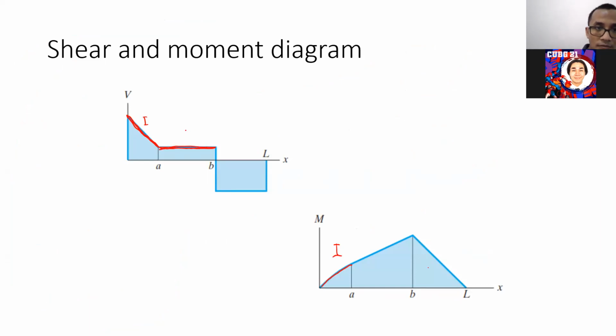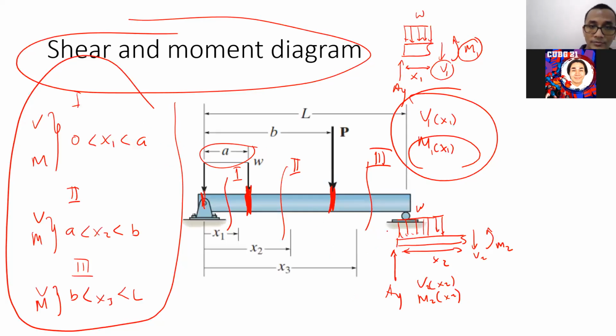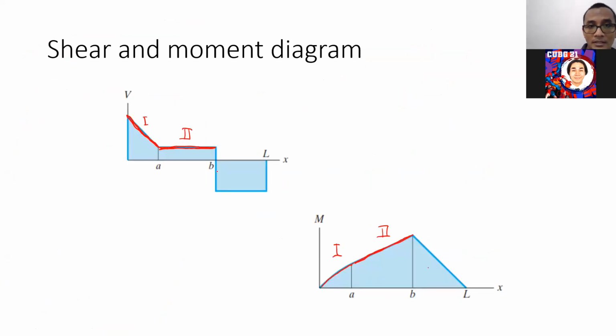This is for the internal force, and this is the equation for the second region for the internal moment. And for the last region, the third region, it is from this till the end. We have the third equations, V3 and M3 in terms of X3, and this is what we will get for the third region.